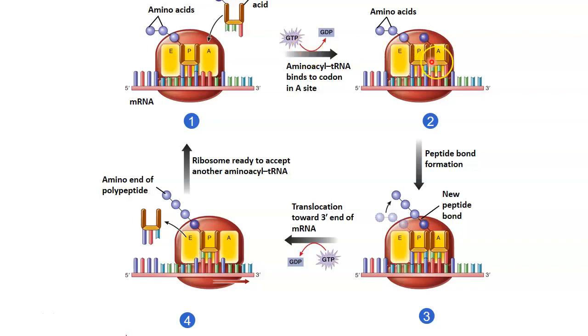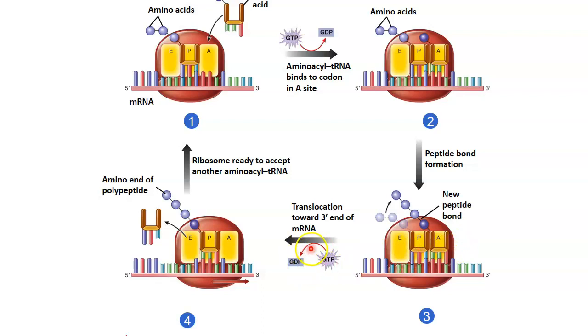The next thing that's going to happen is this growing polypeptide chain that's coming off of the amino acid tRNA in the P site is going to be transferred over here. And a covalent bond will form between this amino acid and this amino acid. And so that's shown here. So this was the amino acid originally bound to the tRNA in the A site. And here are the other 3 amino acids that came from over here. So here's the new bond that was formed. Okay, so what's going to happen next is the ribosome is going to shift.